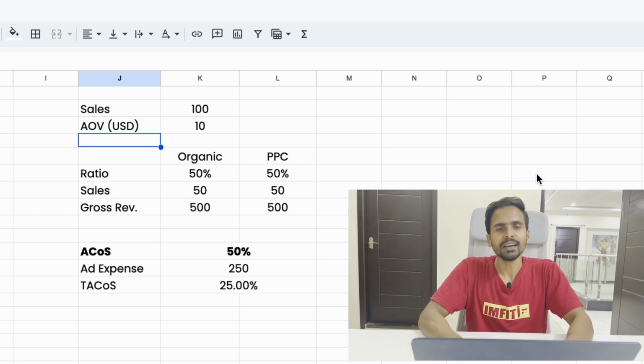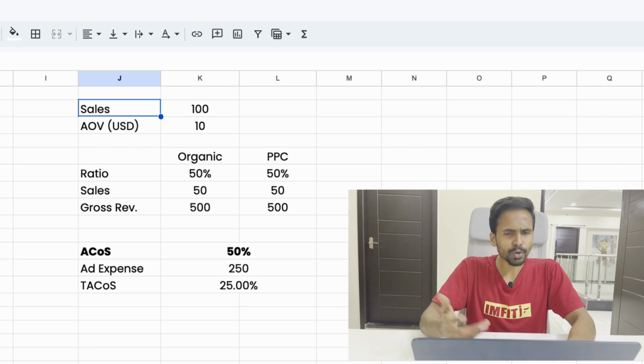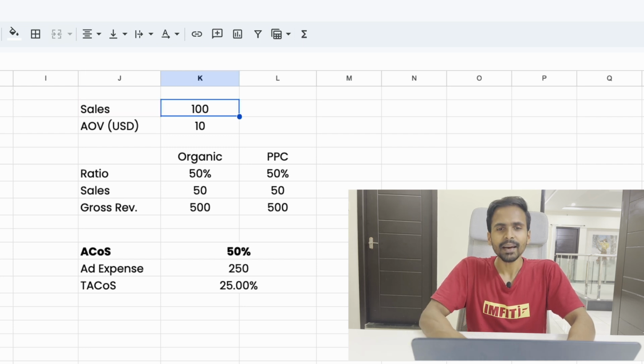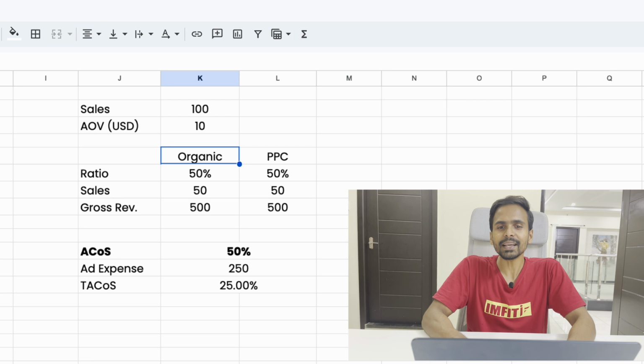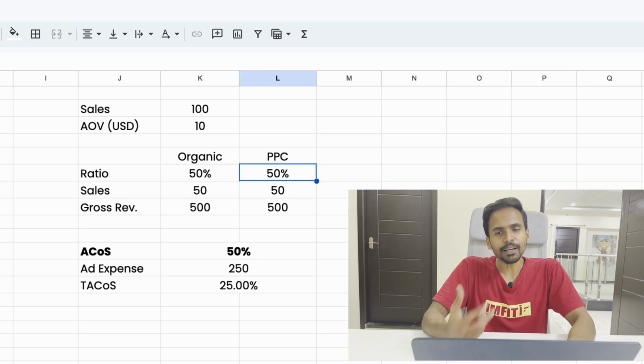Now here is the thing. Let's assume that you have sold around 100 units per day and your average order value is around $10. Now when you look at your split between your organic sales and PPC sales, let's assume that you are getting 50% of your sales organically and the other 50% through your PPC, which means your ads.